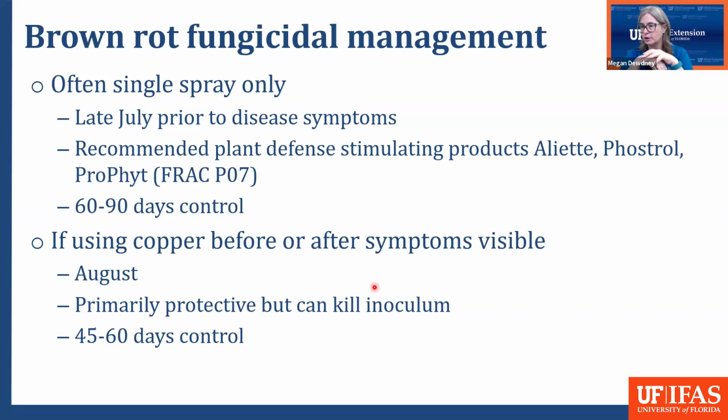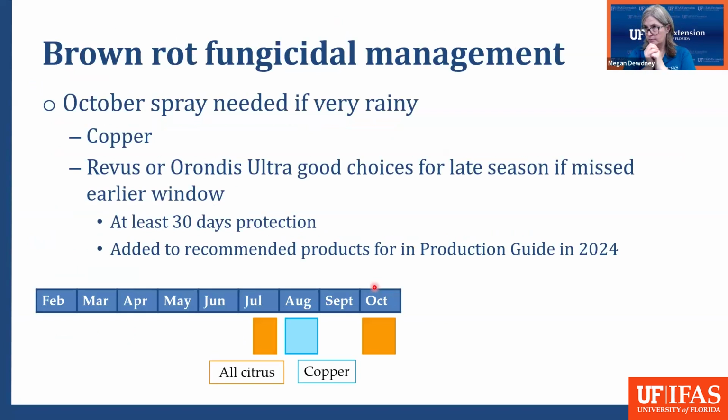In August, if you're going to use copper, it would be sort of that August timing, which is primarily a protective, but it can kill inoculum if you're seeing it. And there's only about 45 to 60 days of control with that. If you need an October spray and you're finding brown rot where you didn't think you were going to have any, you of course could use copper again.